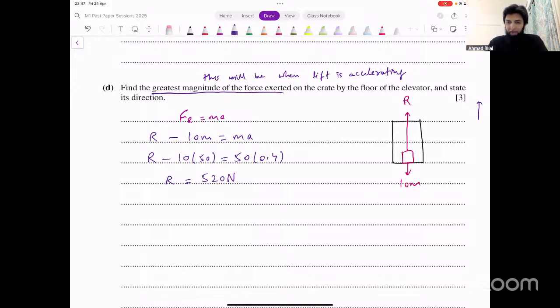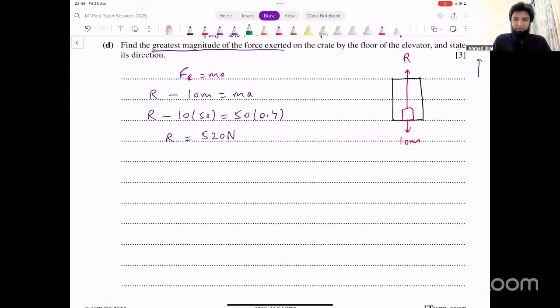And when you're going down, initially it looks like you feel lighter when the lift just starts going down, especially if the lift is not very good quality. If it's good quality, then you don't have that feeling generally. But that's what happens. When it's accelerating, the value of R is bigger. When it's decelerating, the value of R is smaller.